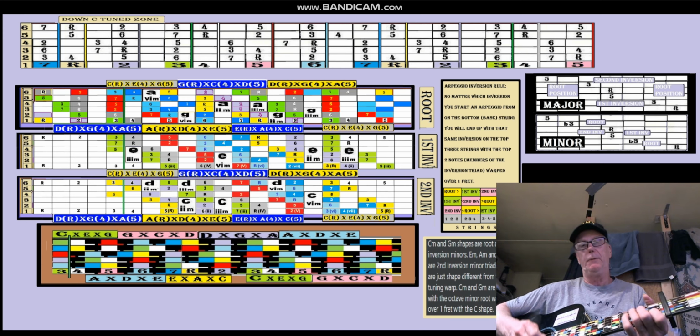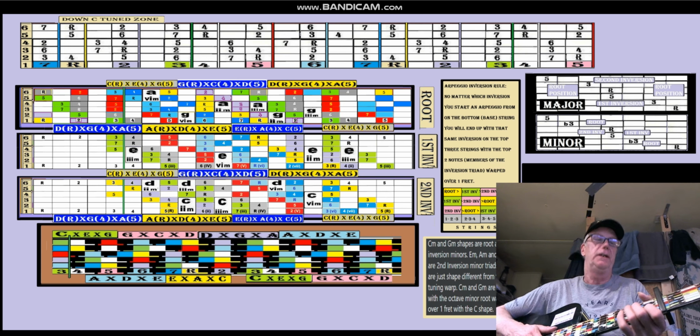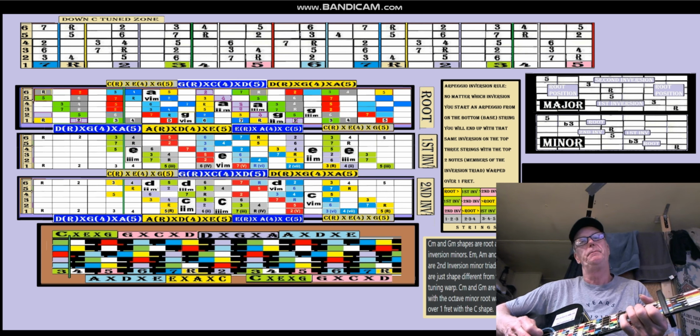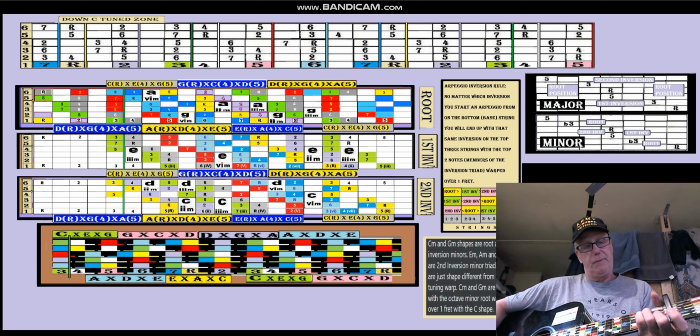A lot of people play these chords together, but really you have to realize that there's actually 5 different keys in the 5 simple chords. There's C, there's A, there's G, there's E, and there's D.